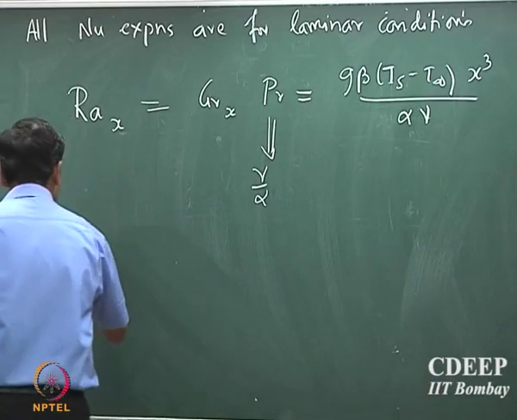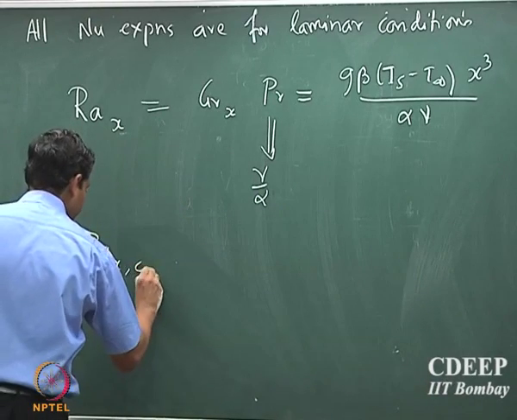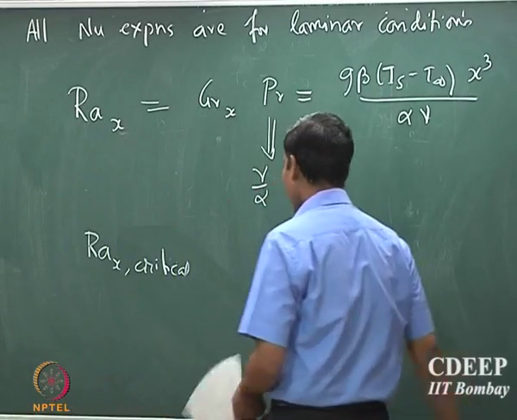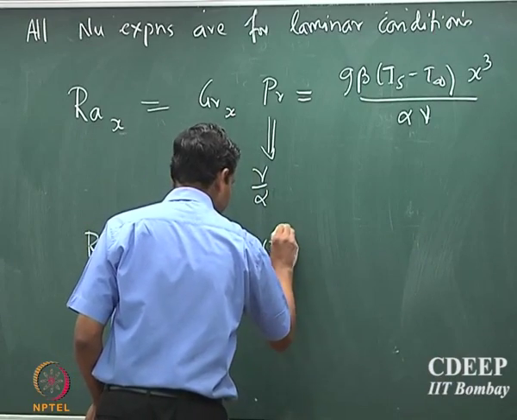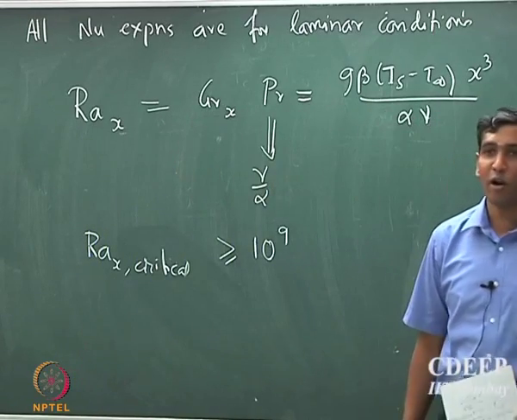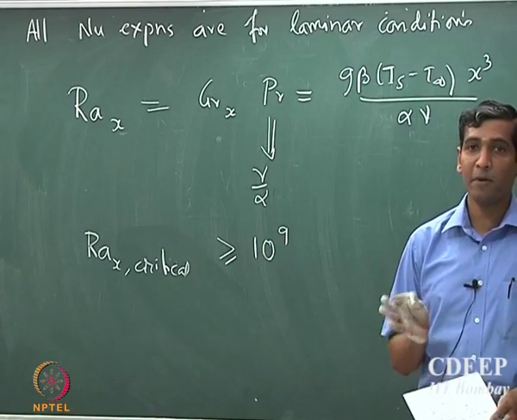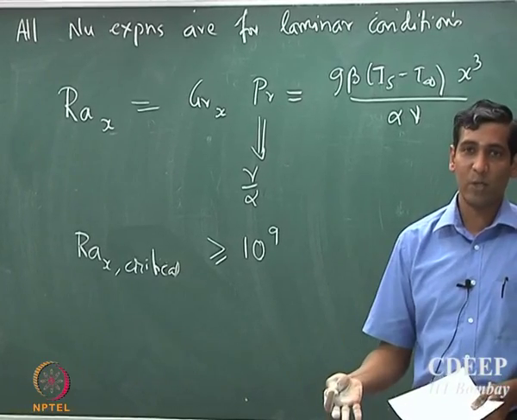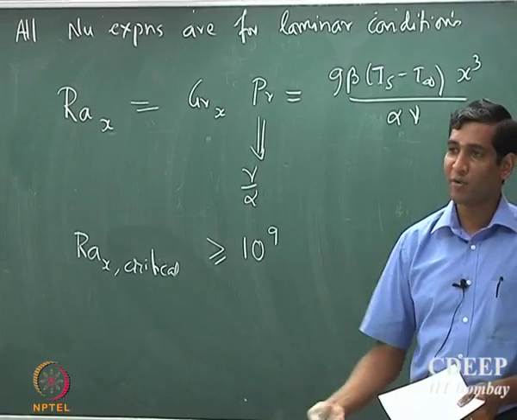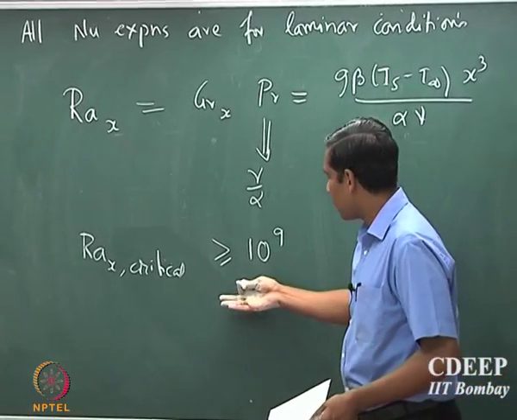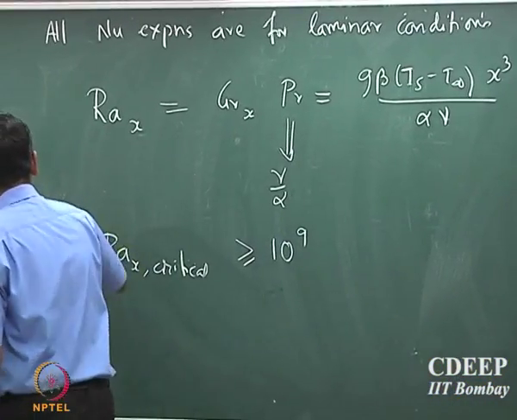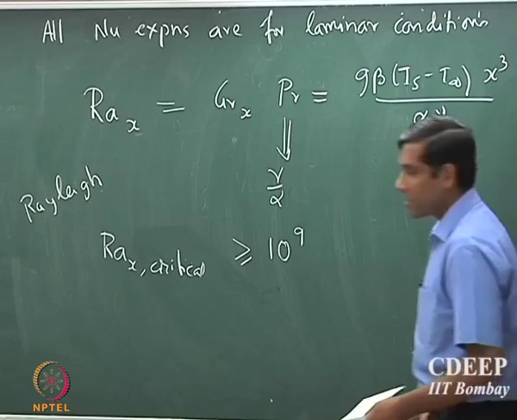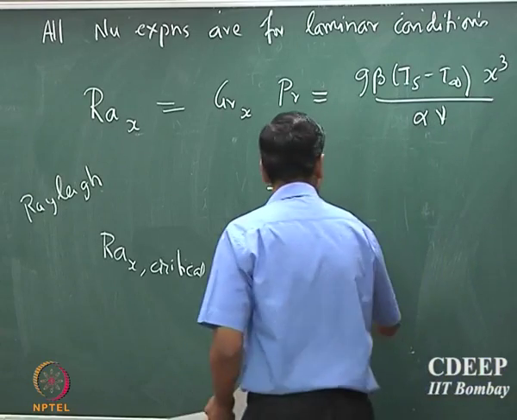The turbulent and laminar transition is defined by what is called the critical Rayleigh number. If the Rayleigh number exceeds 10 power 9, then the flow condition inside the boundary layer is considered to be turbulent. Remember that it is the flow inside the boundary layer; the fluid outside is still at rest, a quiescent medium.